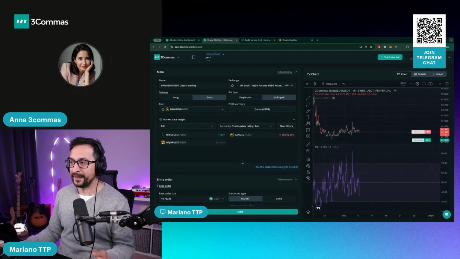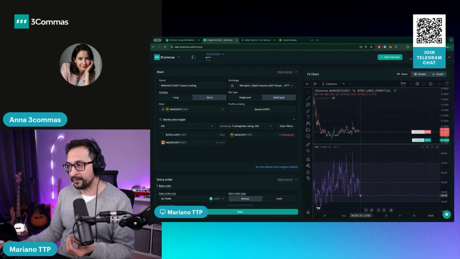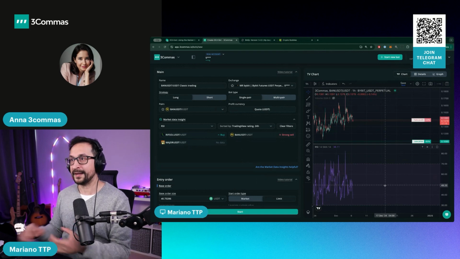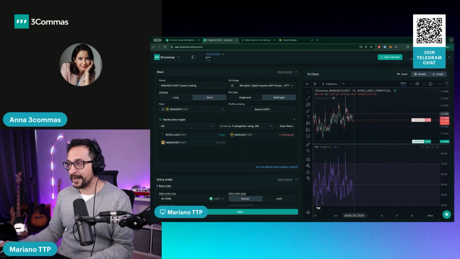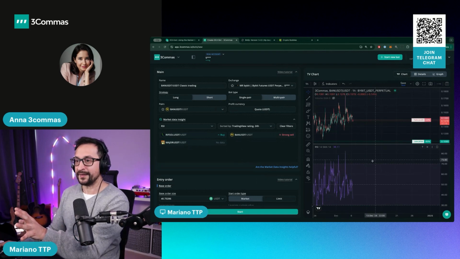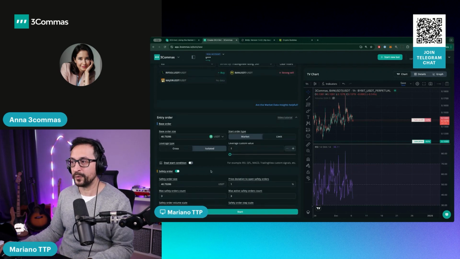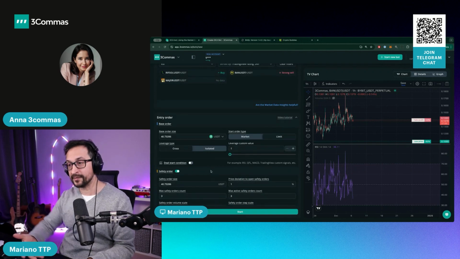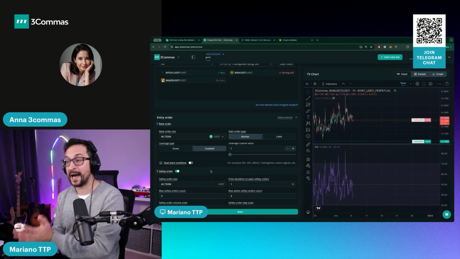If that's the case, if I identify a level of RSI that I'm thinking the coin is going to reach, then I look at this straight from the chart there and I set up my bot with some safety orders to the downside. That's a long during a strong uptrend.